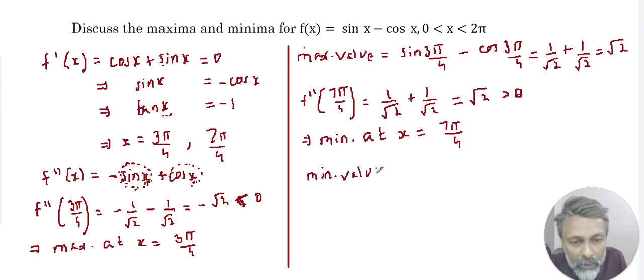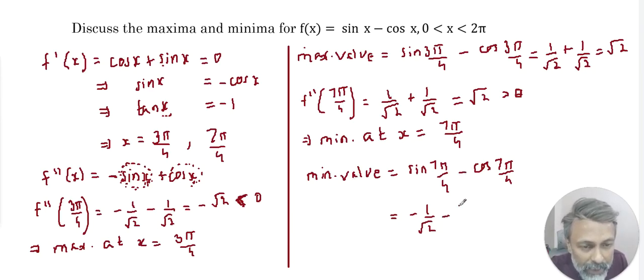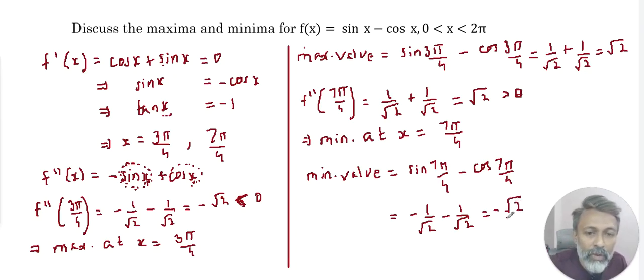Minimum value is equal to sine 7 pi by 4 minus cos 7 pi by 4. 7 pi by 4 is a fourth quadrant angle. Sine's answer therefore will be minus 1 by root 2, while cos will be positive, with the existing minus in between, hence minus will stay. Minus 1 by root 2 and minus 1 by root 2 on simplifying gives you minus root 2.